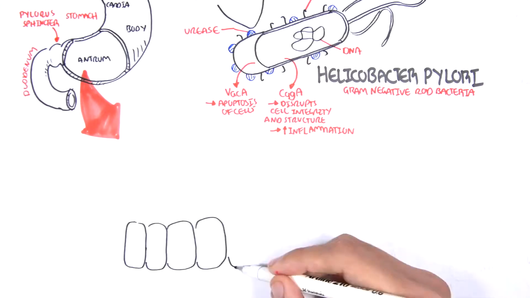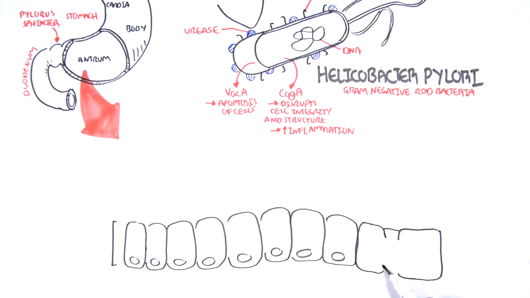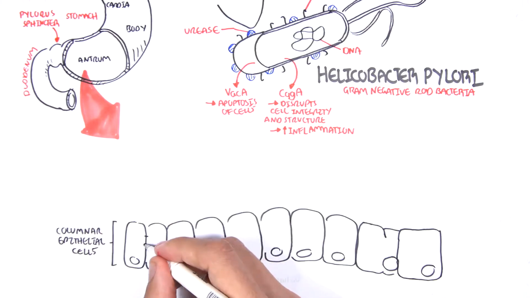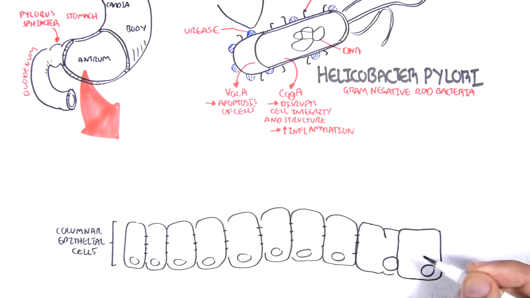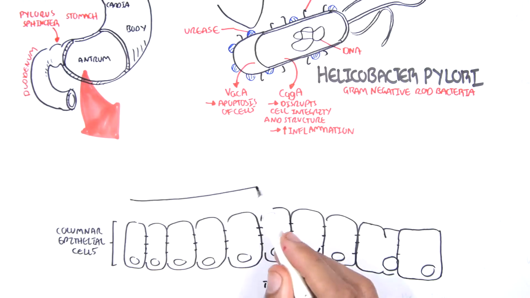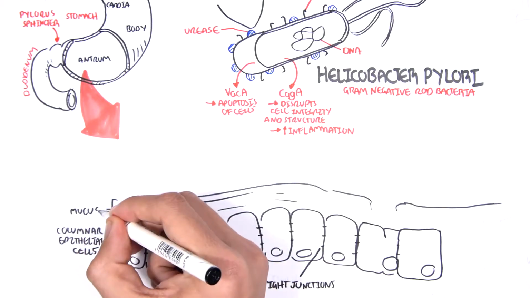So zooming into the antrum of the stomach, we can see that the stomach cells are composed of columnar epithelial cells. And the columnar epithelial cells have between them junctions known as tight junctions. Above these columnar epithelial cells, we have a layer of mucus, which is produced by the goblet cells.